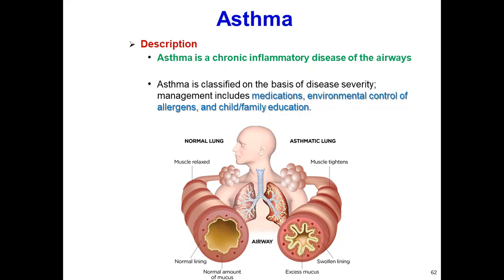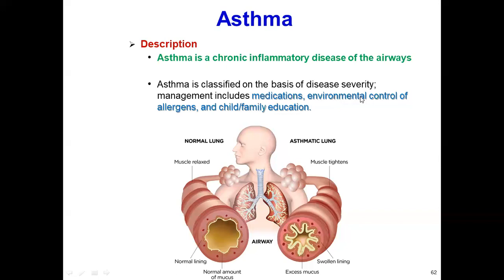So asthma is a chronic inflammatory disorder of the airway. It is intermittent and reversible. Asthma is classified on the basis of disease severity. Management includes medication, environmental control of allergens, and child and family education.